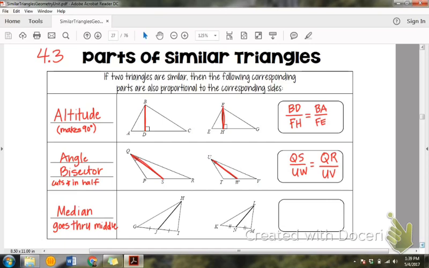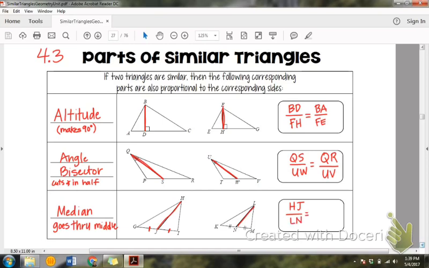So if we look at this diagram, do you guys see HJ is going to be the median because it goes through the middle. Do you guys see these hash marks? Meaning it's cutting it in half, right? And then what's the other median? LN. So we know that HJ is proportional to LN.